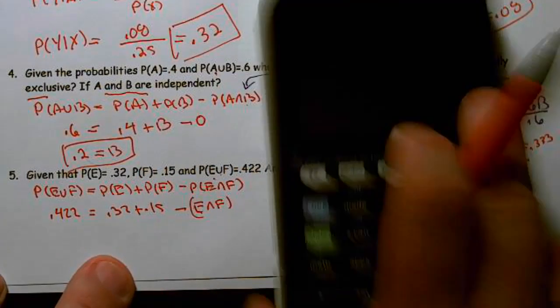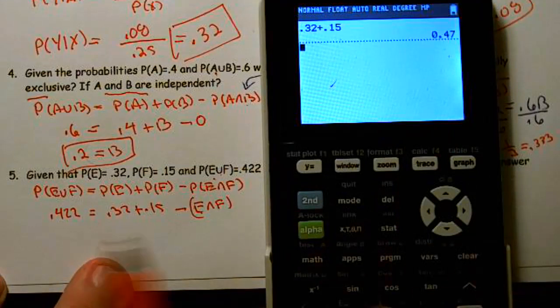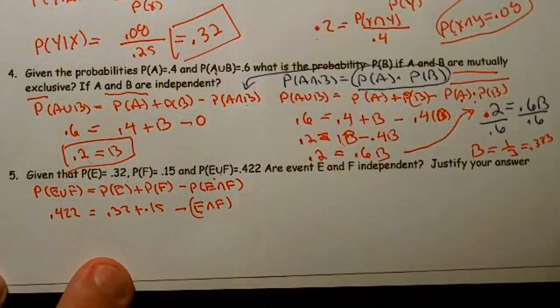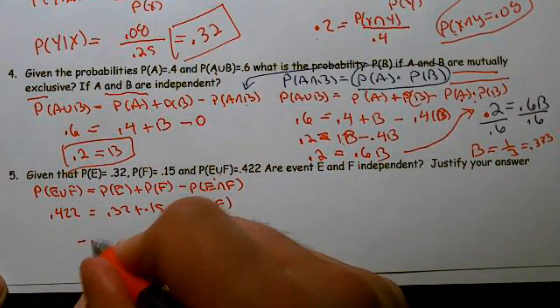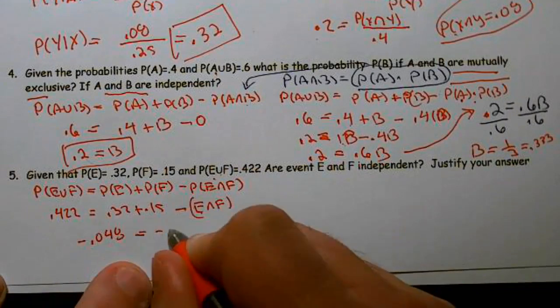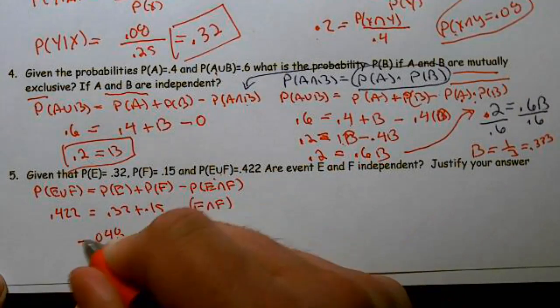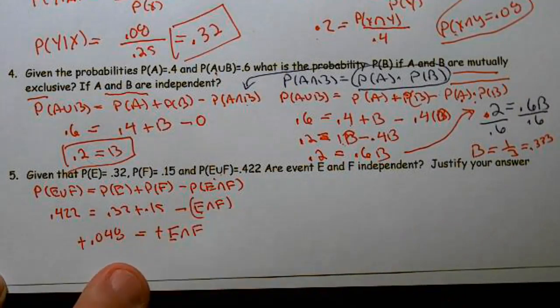Okay, so what's 0.32 plus 0.15? All right, and I'm going to subtract it from this. So I'm going to have 0.422 minus this, and I'm going to have negative 0.048 equals negative E and F. So I can just make those positive.